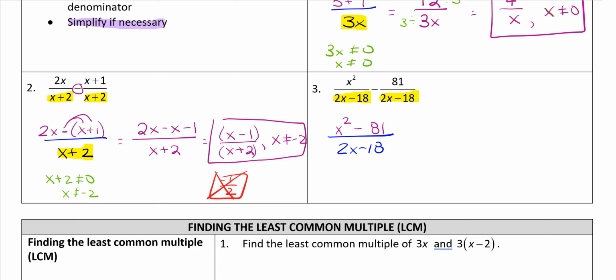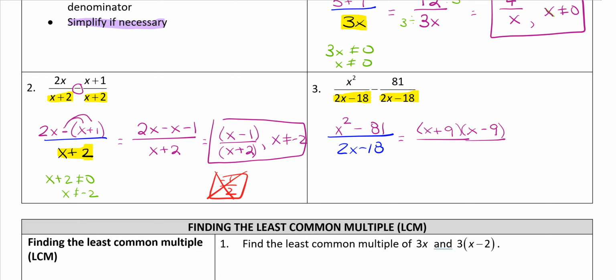Now, you might think we're done, but notice that the top and the bottom would both factor, which means we're going to have to simplify this down just a little more. So the numerator is a difference of squares, which would be x and x, plus and minus, and then 81 would be 9 times 9.